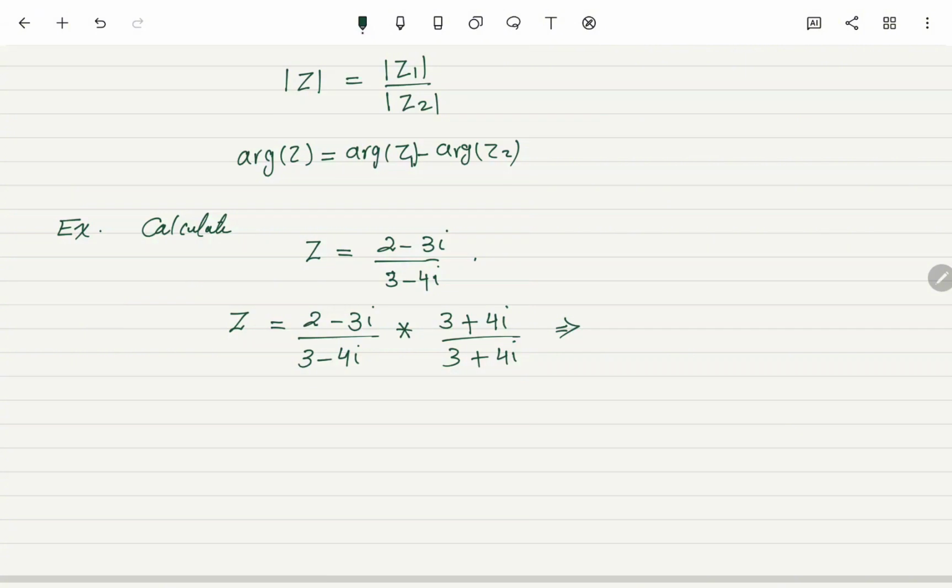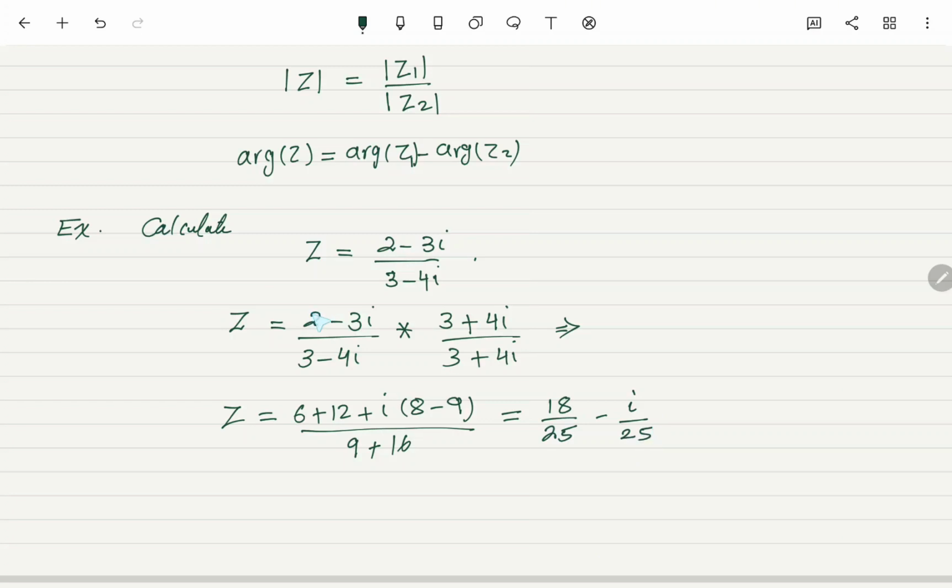In this case, z equal to (6 plus 12i plus 8i minus 9i squared) divided by (9 plus 16). After all, it's equal to 18 over 25 minus i over 25.